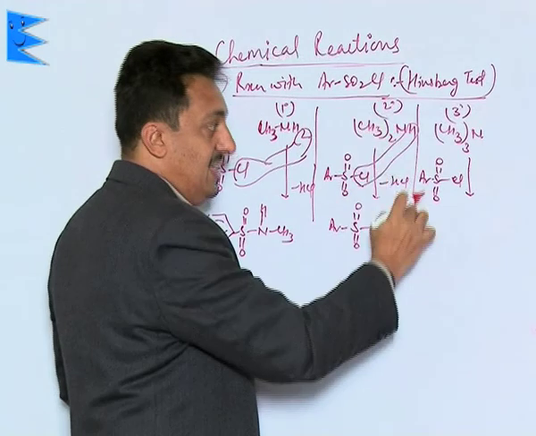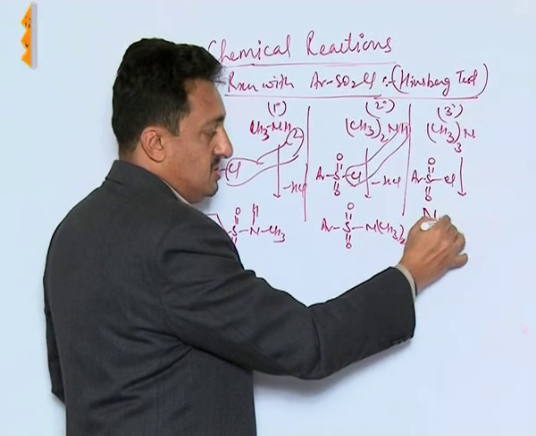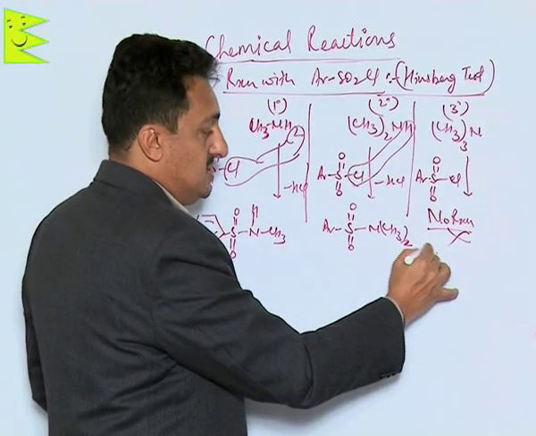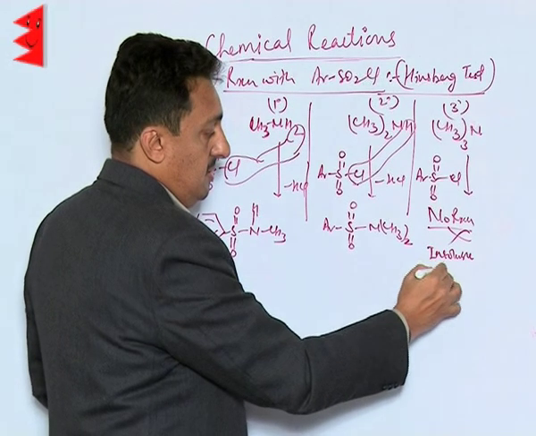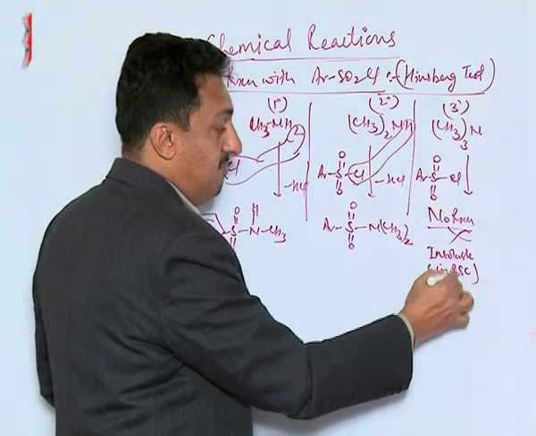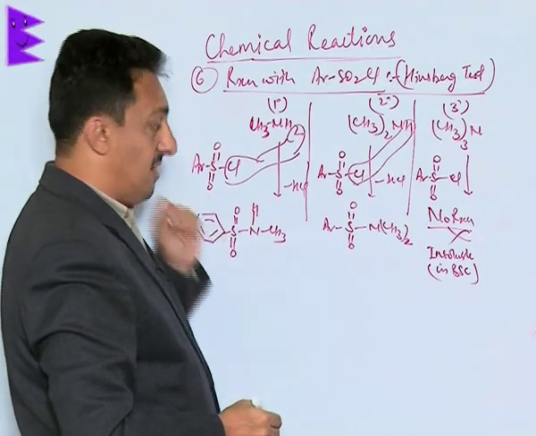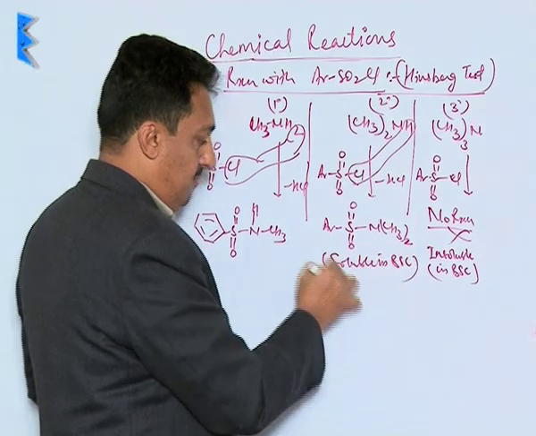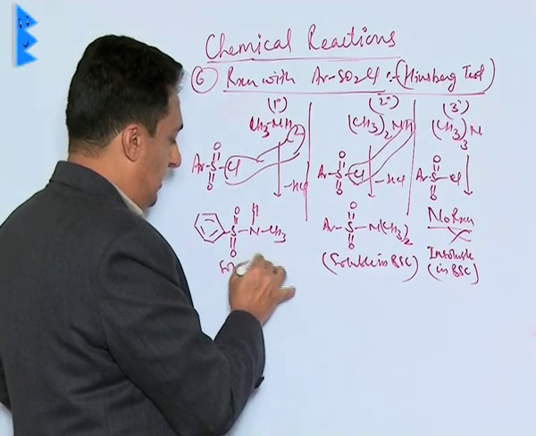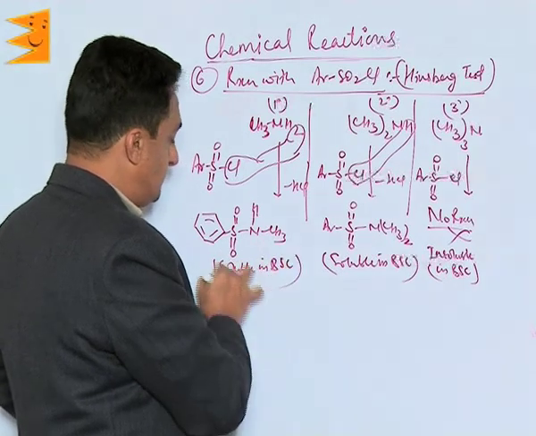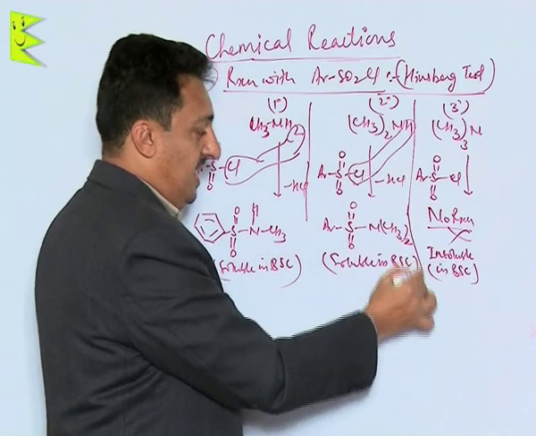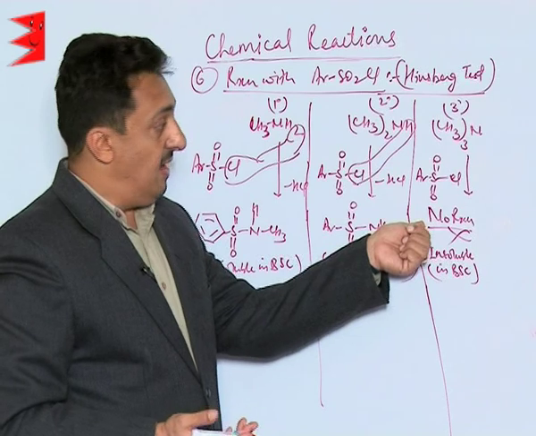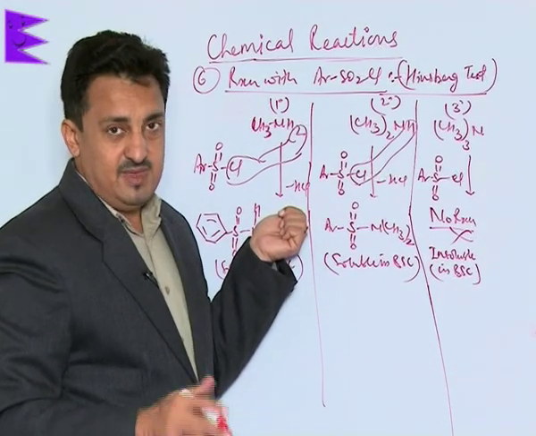And since it doesn't have any NH bond, no reaction takes place in this case. So what we find is this is insoluble in BSC. We call it BSC, benzene sulfonyl chloride. This is soluble in BSC and this is soluble in BSC. So the test tube which we find will be insoluble in BSC will be having tertiary amine, and the two which get dissolved in the BSC will be having primary and secondary.